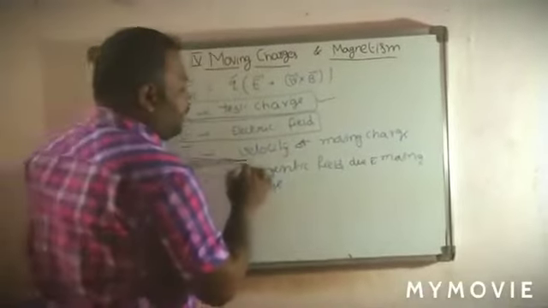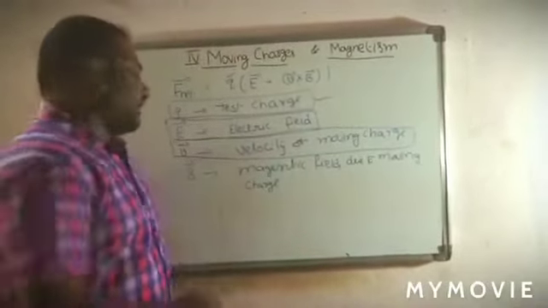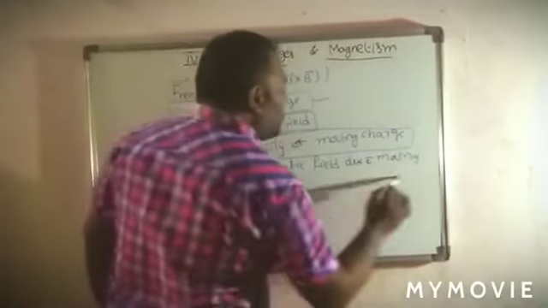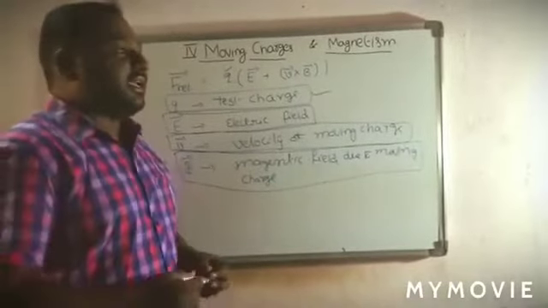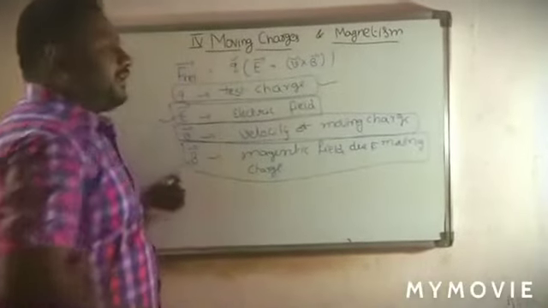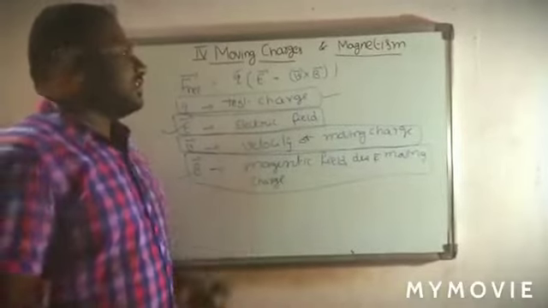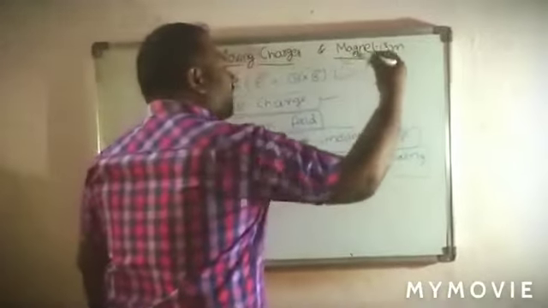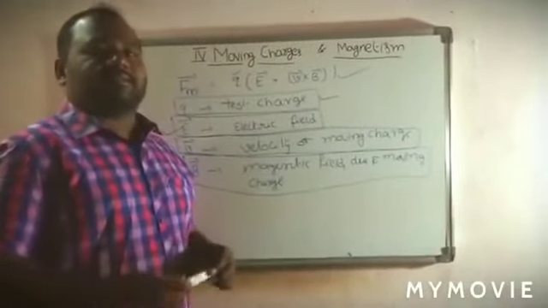V bar is the velocity of the moving charge in the conductor, and B bar is the magnetic field produced by the moving charge around the conductor. Due to this electric field and magnetic field, a force acts on the test charge. That force is given by the Lorentz force equation. This is an important 2-mark expression.